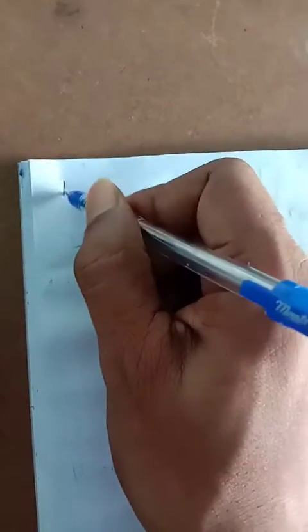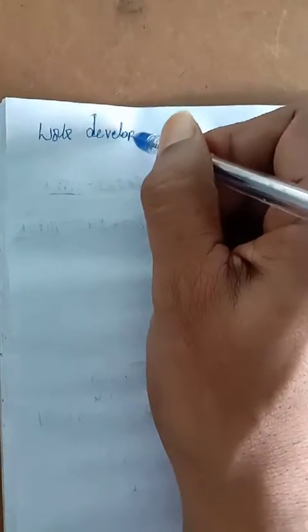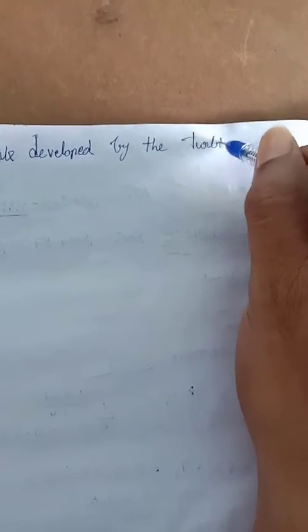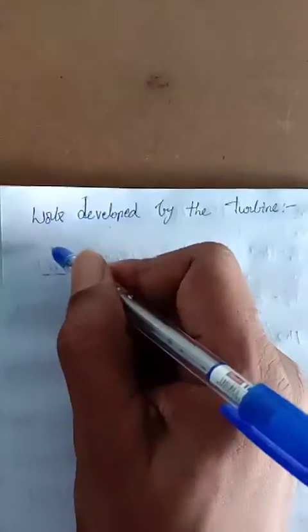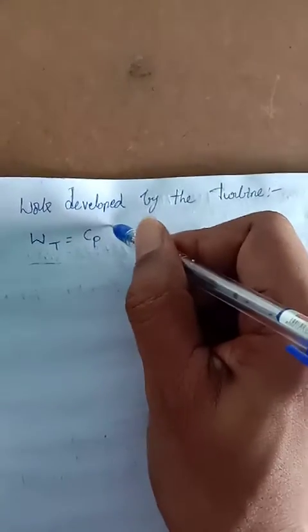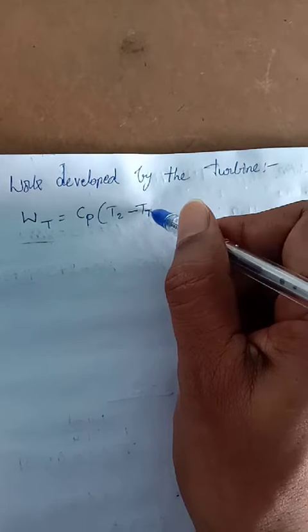Okay, right. Now we are going to see the work developed by the turbine. Wt is equal to Cp into T2 minus T3.